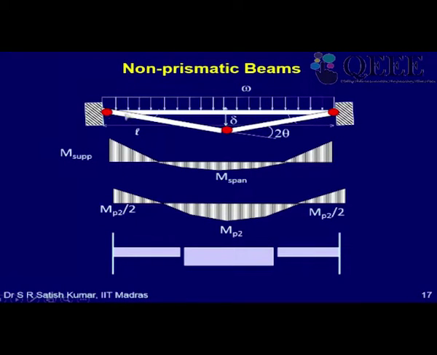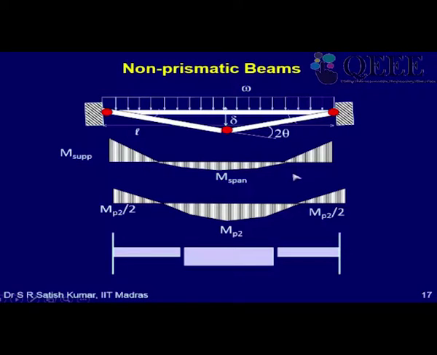But that is one possible solution, that is you have M support and M span being equal, and if they have to add up to WL square by 8, they should each be WL square by 16, right? So I have to design my beam for WL square by 16, that will be my design moment. But then I will have to design these two support connections also for WL square by 16, which may be a bit uneconomical.